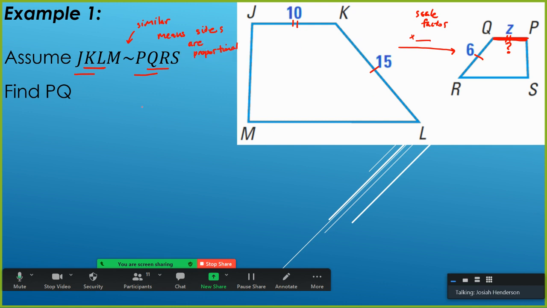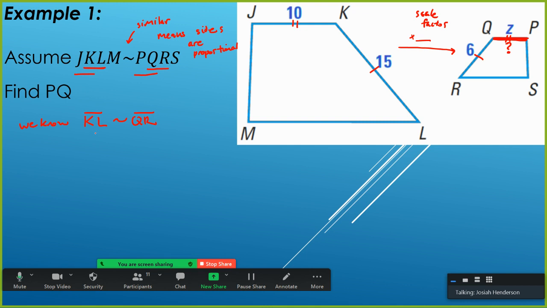So now that that's out of the way, let's try to find QP. So if we know KL is proportional or similar to QR, well, what are the lengths associated with those two sides?